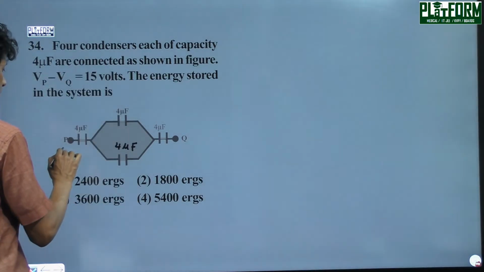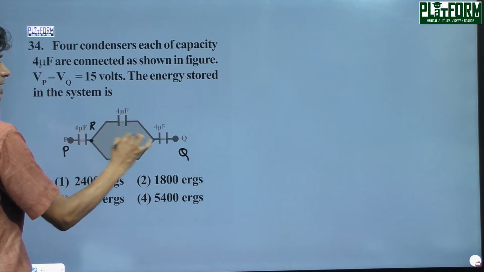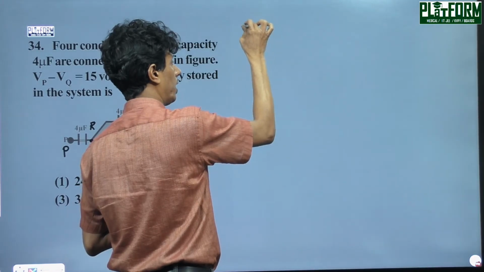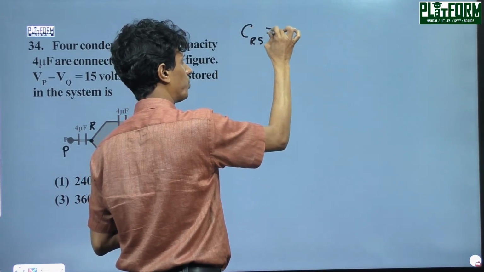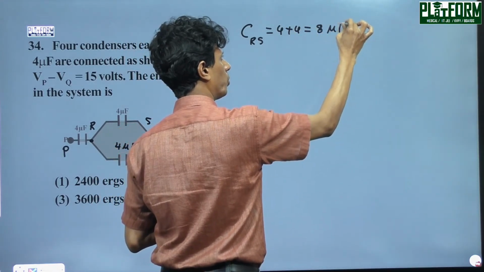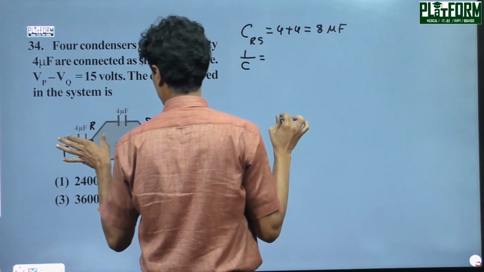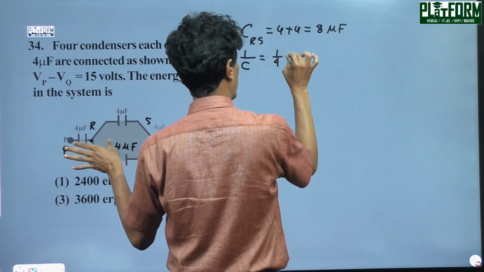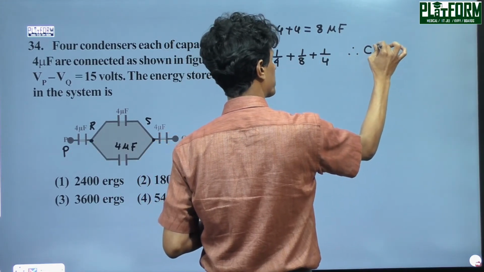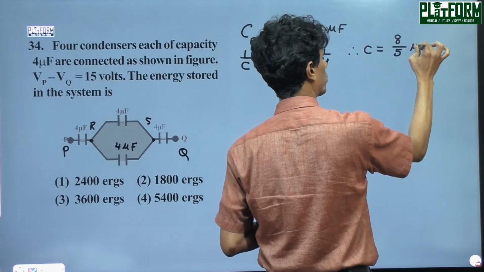The potential is given across the points P and Q. Let us say the points here are R and S. So the capacitance across RS is 4 plus 4, equal to 8 microfarad, and the equivalent capacitance is 1 by 8 plus 1 by 4, which is equal to 8 by 5 microfarad.